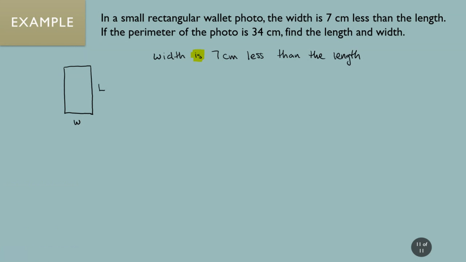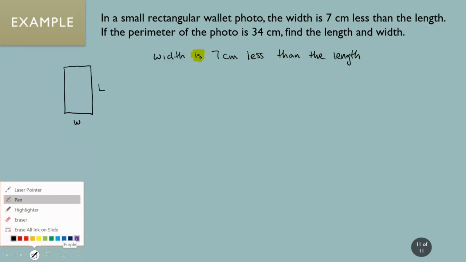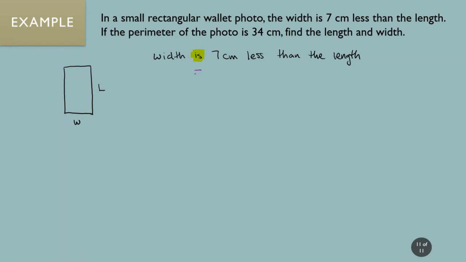Wherever the word is located, that is your equal sign. I have the word is, so that's my equal sign. So I'm going to just put a little equal there. And I can label my variables. I got width equals, and then I have my length. So I'm going to just put that up there. And then I've got a 7.